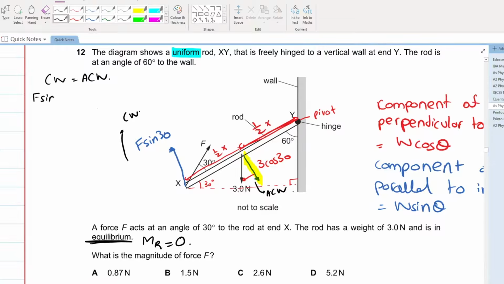F sine 30 multiplied by the distance, that is x. What is the anti-clockwise moment? 3 cosine 30 multiplied by the distance, that is half x. X cancels out. Can you calculate the force F? Yes. Force F is equal to 3 cosine 30 divided by sine of 30. Can anyone calculate this answer?